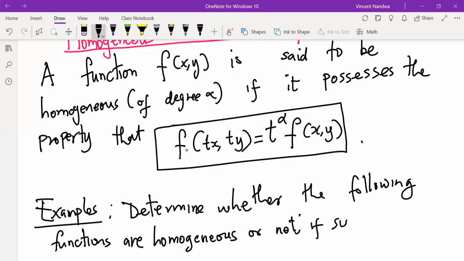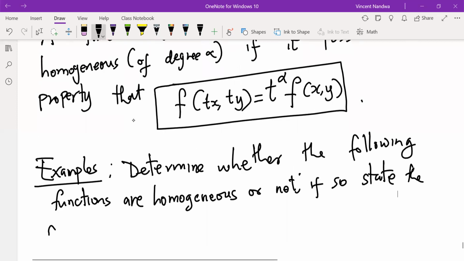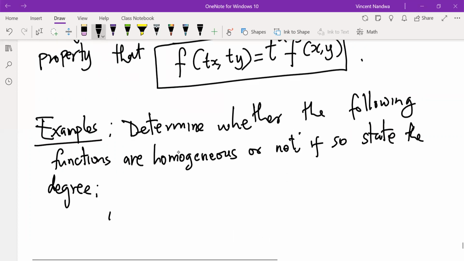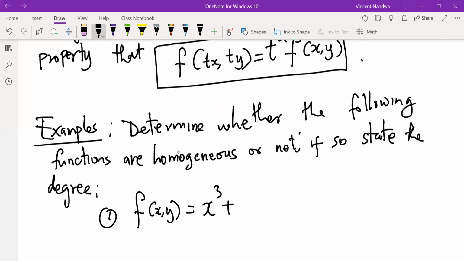If so, state their degree. Let's start with the obvious one. F of xy given by x power 3 plus y power 3.